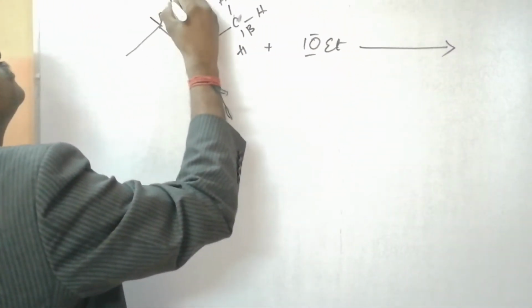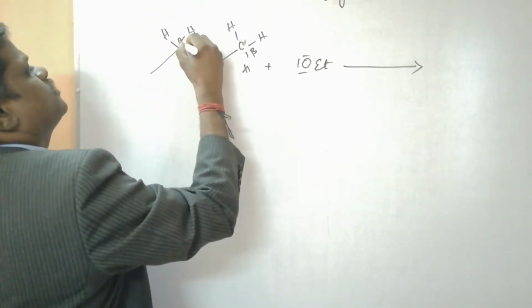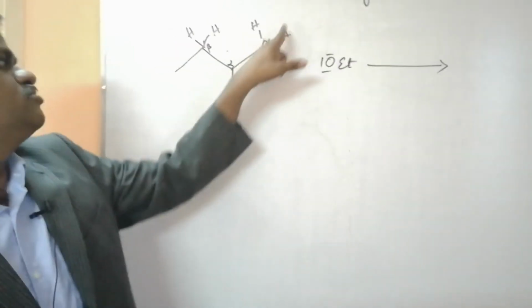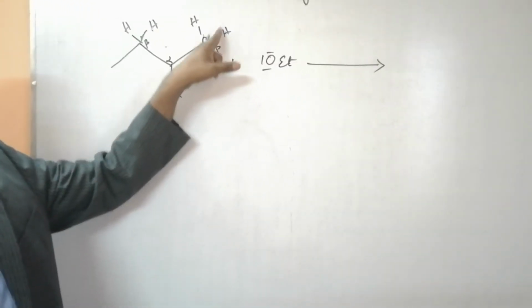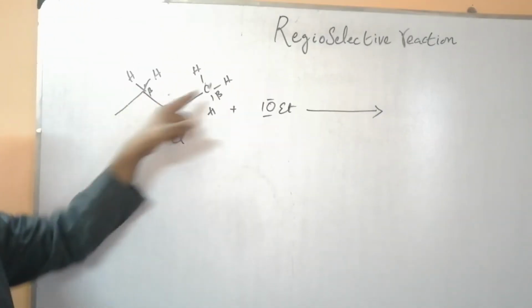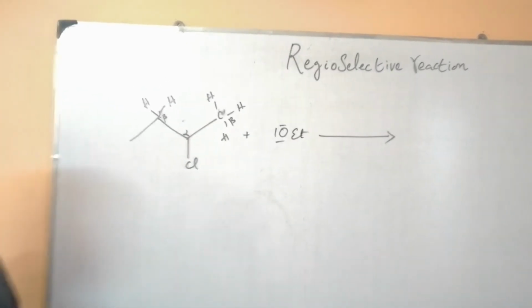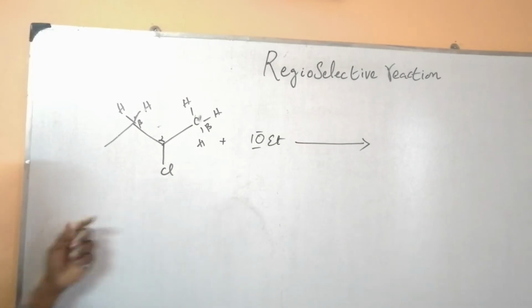So this base will try to abstract a proton from the beta carbon, that is the beta hydrogen, anywhere, and you will get the elimination product. So now you have two possibilities.